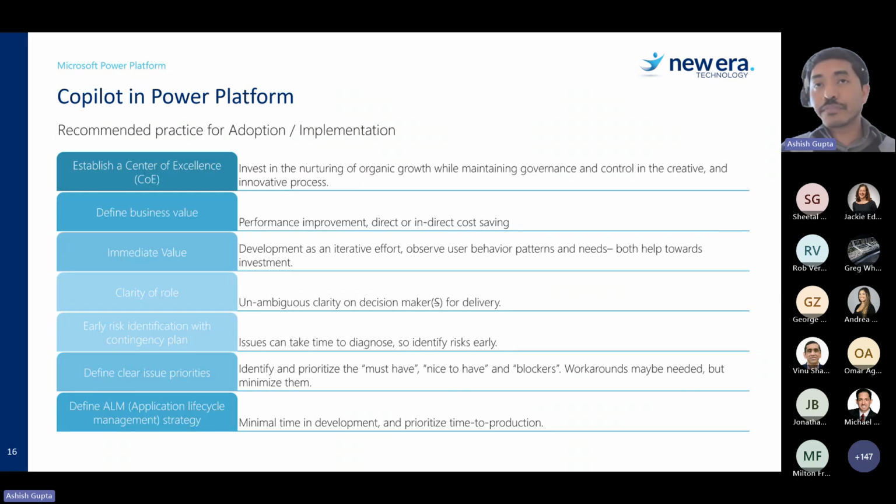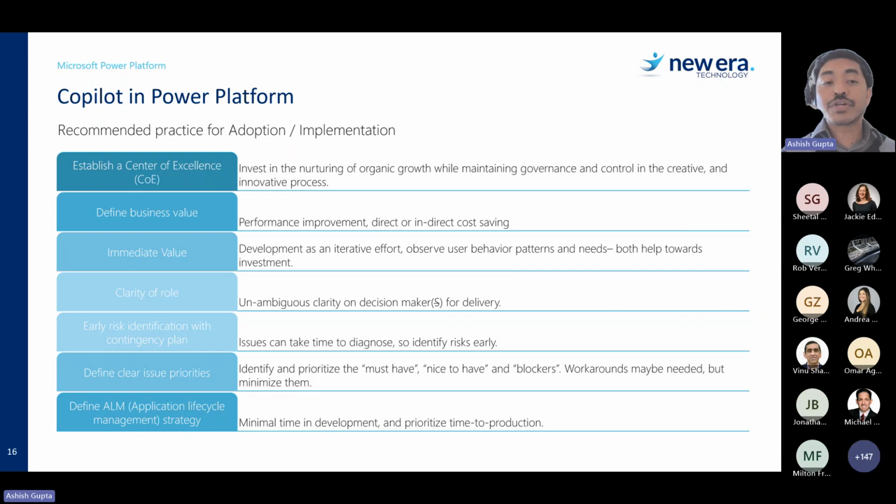And just a quick information, like I said, if you are wondering about the recommended practice of adoption or implementation of Power Platform, so we at New Era, we excel in all those things. And here's some brief information, like you can first think about a center of excellence, which is a great starting point for governance and training materials and letting your people know what is Power Platform, how to start with these things. You can get great business value out of it.